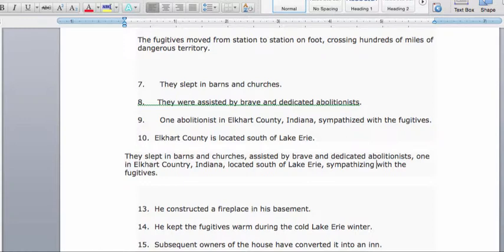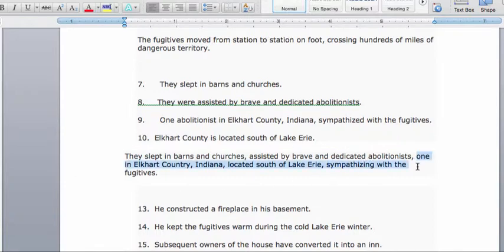See what I've done here? I had to think it through myself before I could tell you about it. They slept in barns and churches, assisted by brave and dedicated abolitionists, comma, and now I'm describing abolitionists using a participle phrase. One in Elkhart County, Indiana, located south of Lake Erie, sympathizing with the fugitives.